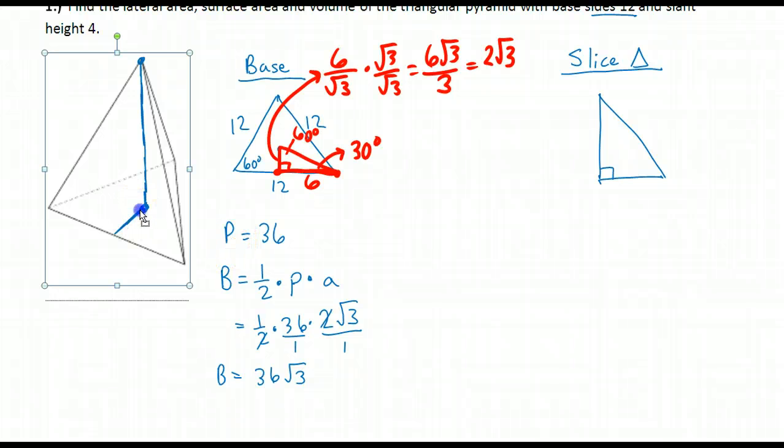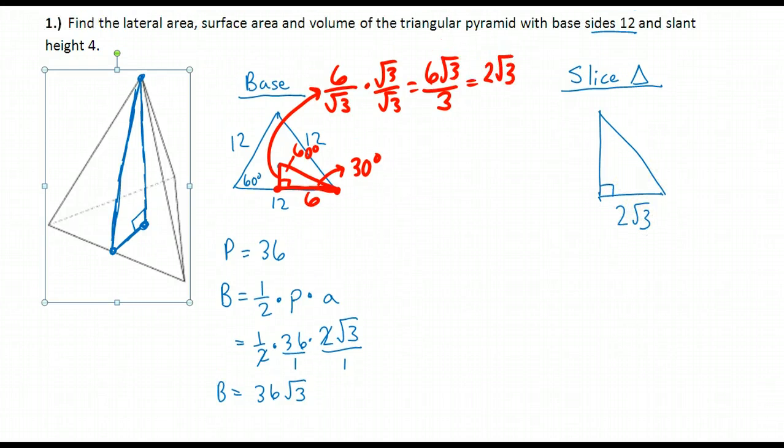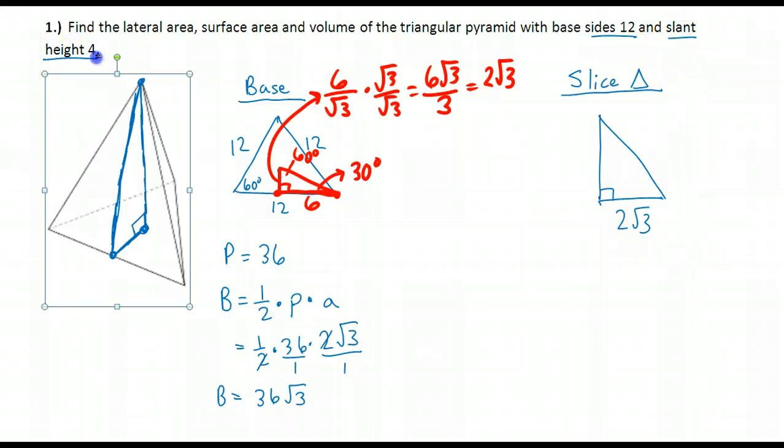One leg of it is going to be the apothem, and then the hypotenuse of that triangle is going to be the slant height. So I have this right triangle inside my pyramid drawn right here, where I have my apothem, which I figured out was 2 square roots of 3, and I'm told in the directions that my slant height is 4.